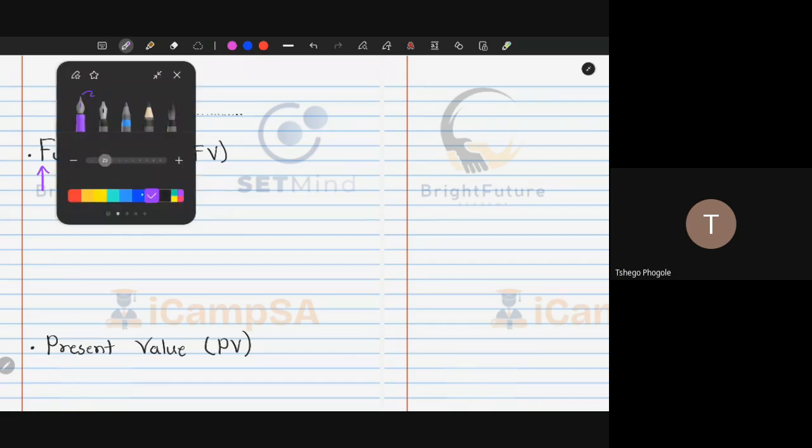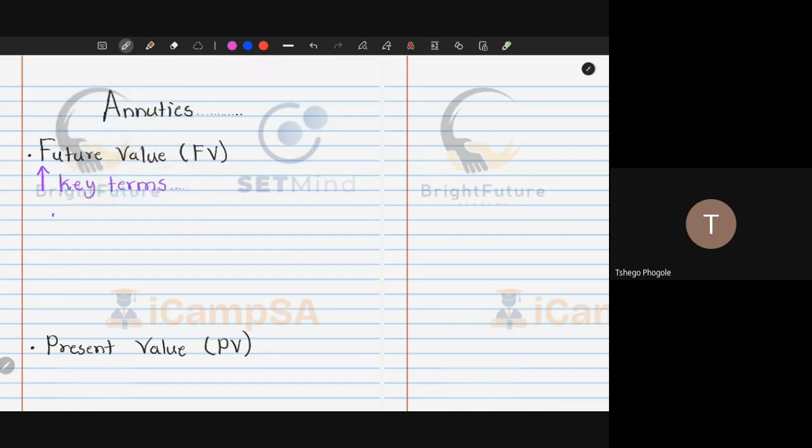So if you see on a problem the term sinking funds, your brain should say what? Future value.